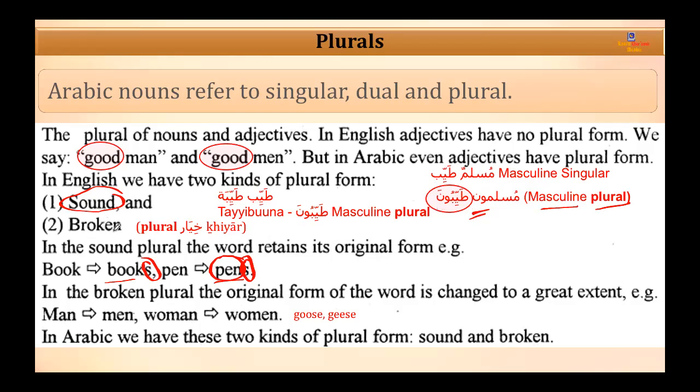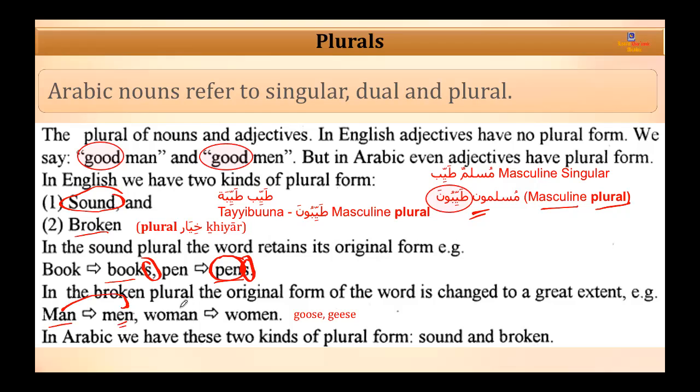The second kind of plurals that we will be discussing today is called a broken plural. Now, again, let's take the English example first. For example, if we say man and we want to make it plural, notice how the A changes to an E, right?